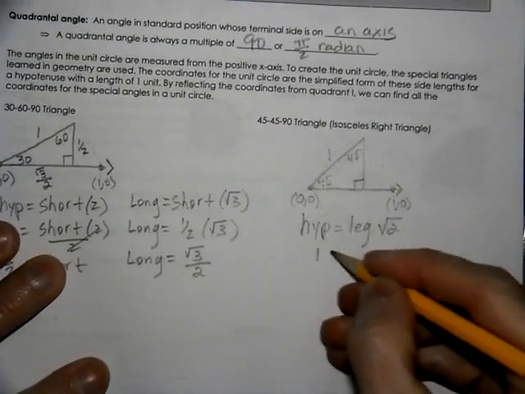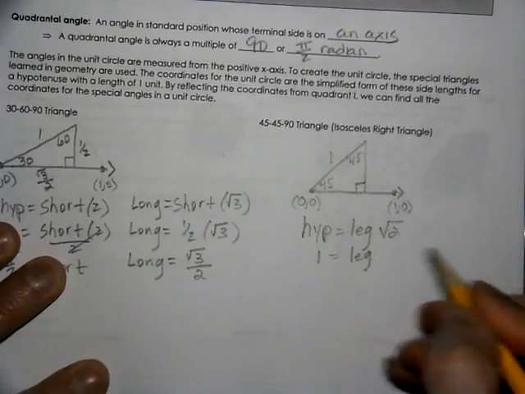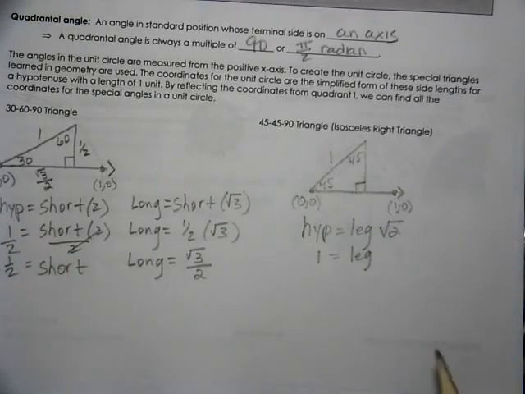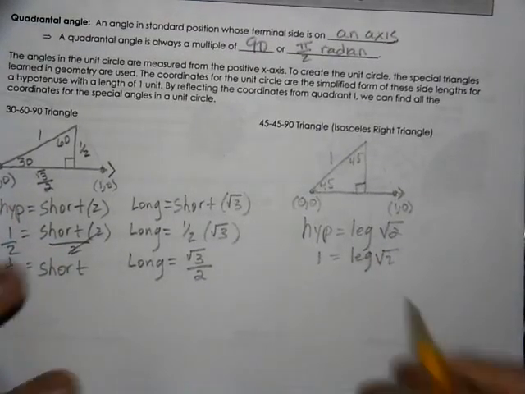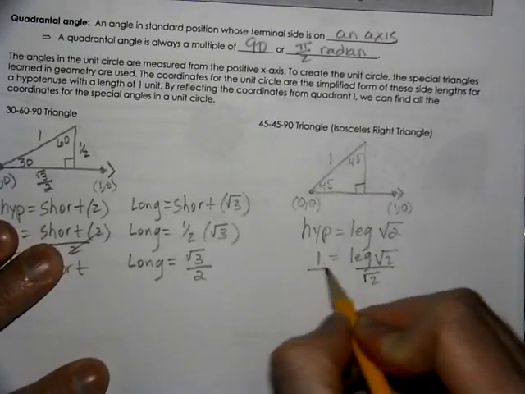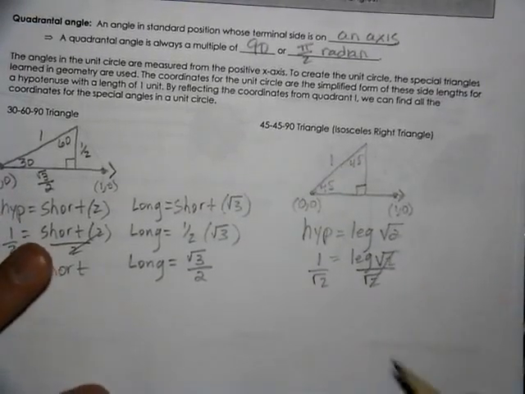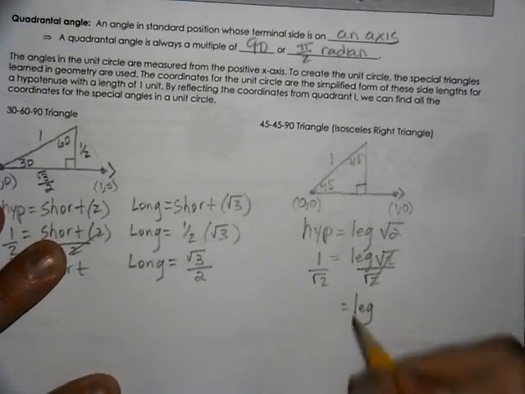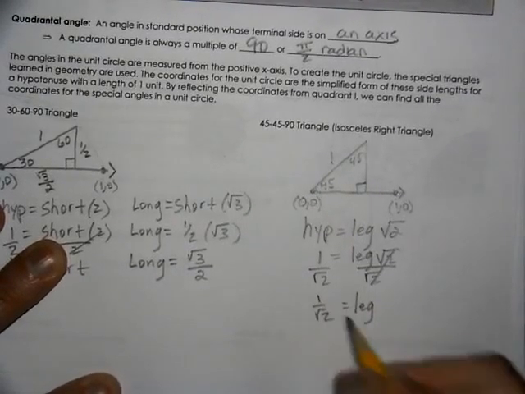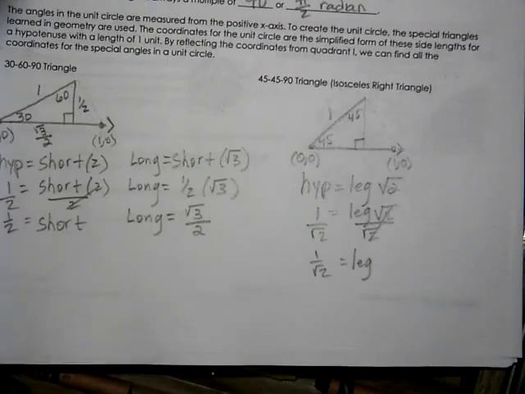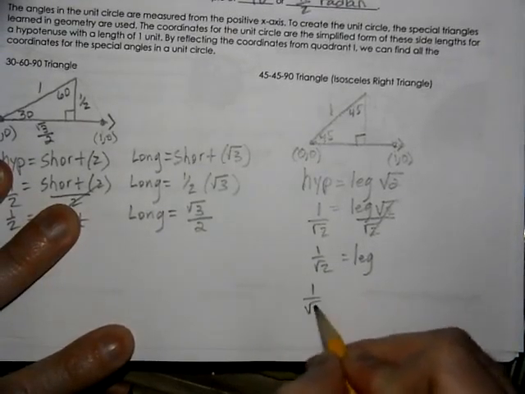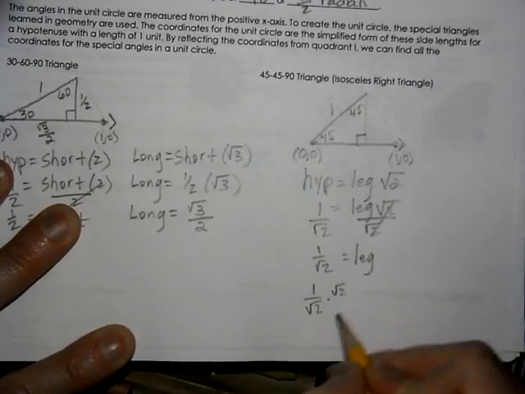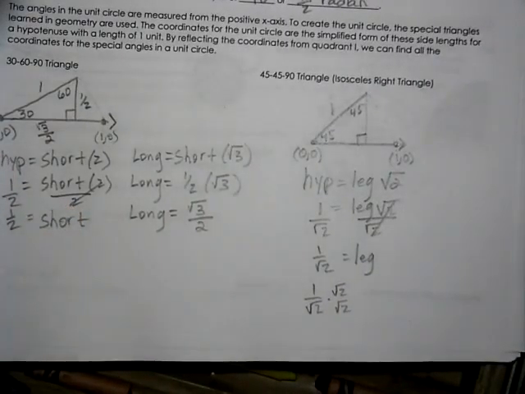So if the hypotenuse is 1, the leg, we call it leg, not short leg, just because both legs are the same length in a 45, 45, 90 triangle, times root 2. We would need to divide by square root of 2 to get the leg by itself. So that's 1 divided by the square root of 2. We're not allowed to leave the square root of 2 in the denominator, so we have to rationalize the denominator.